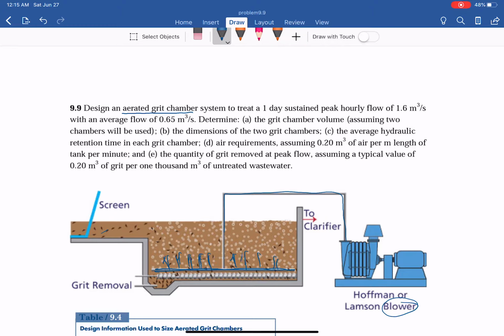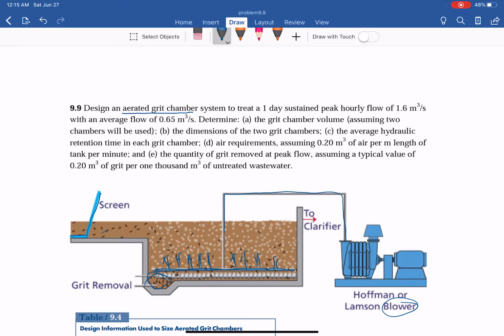This will help the grit settle to the bottom of the grit chamber, and then here you will collect all the grit. And of course, before the wastewater enters the grit chamber, you will have a screen to remove any large object.